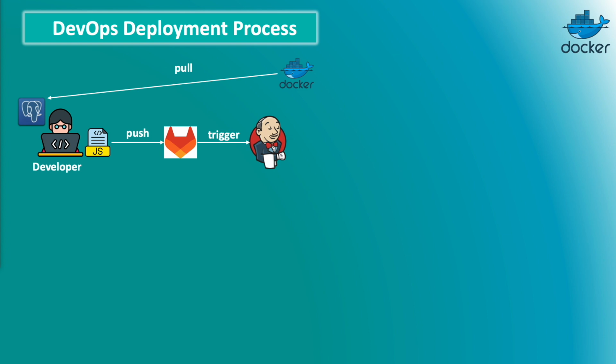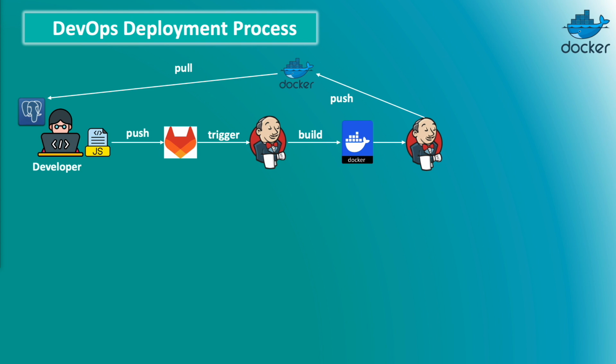Jenkins is an open source build and deployment tool. Next, Jenkins will fetch and build the source code and will create a Docker image as the build artifact. After the build, Jenkins will push the Docker image to Docker Hub, but to a private repo.